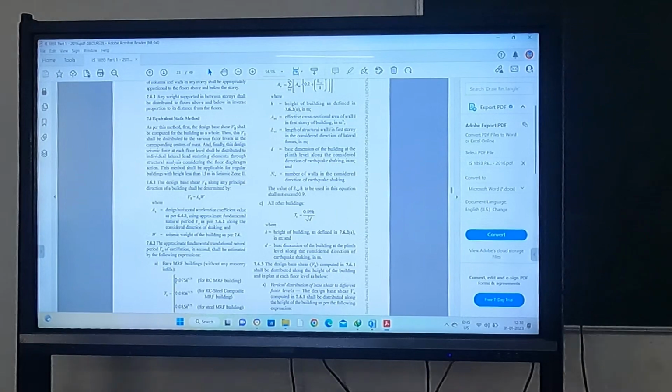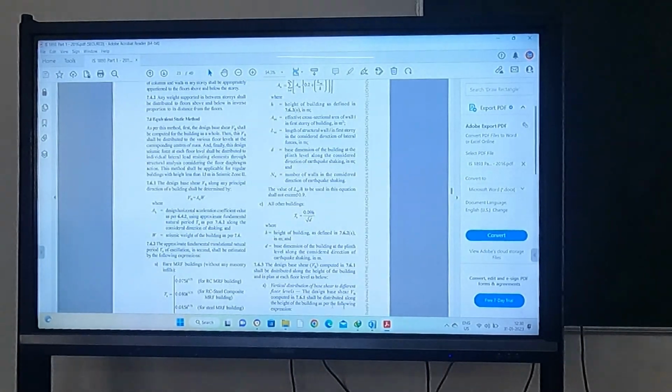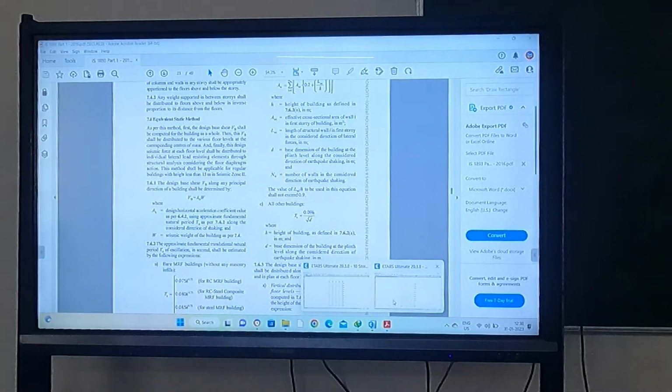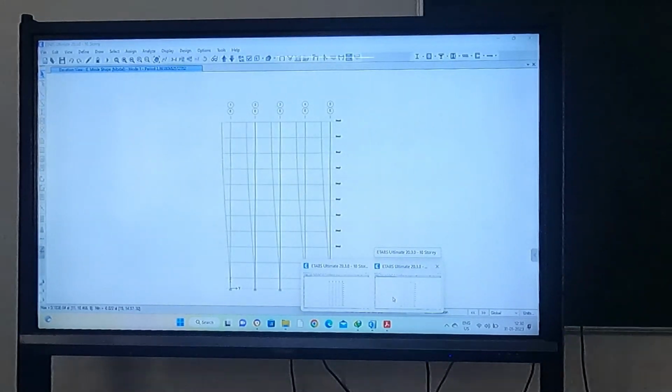Okay, but how much are we getting from the software? 1.8 in one direction and in another direction 1.73 something. Means both are closer, so you can take 1.8. But this is 1.009, means almost 1 only, right? So why this much variation?